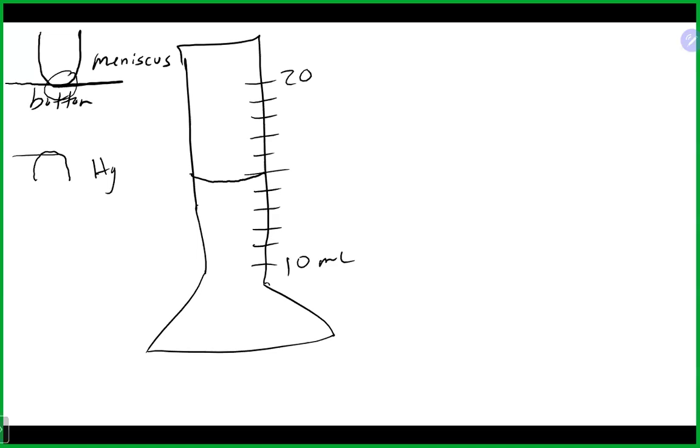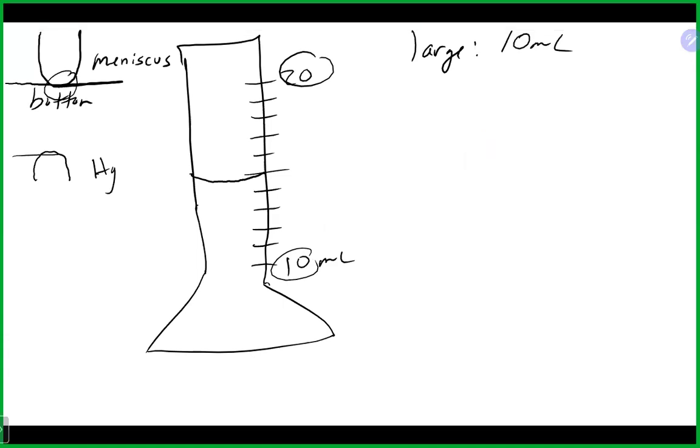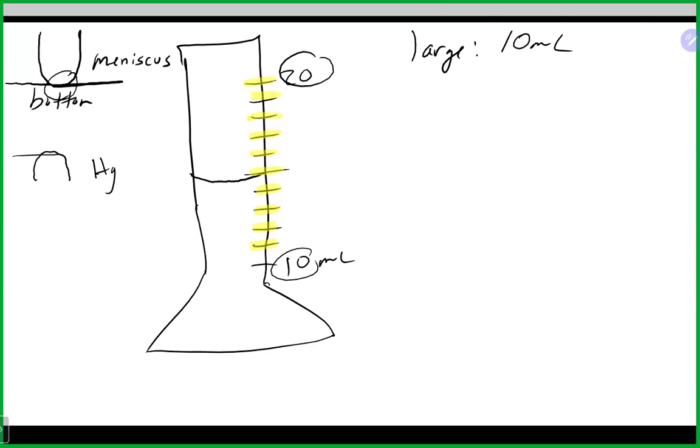So we want to do the same thing we did on the last one, which is figure out what our large markings are. We have 10 and 20. The difference between those is 10 milliliters, so 20 minus 10 is 10. We again count how many little markings there are, starting after that last large marking: 1, 2, 3, 4, 5, 6, 7, 8, 9, and 10, ending on the next large marking.